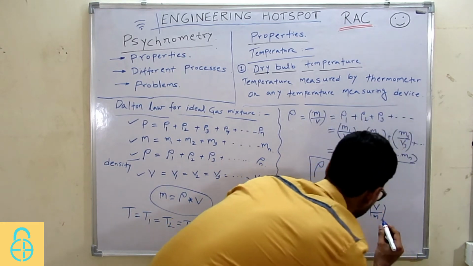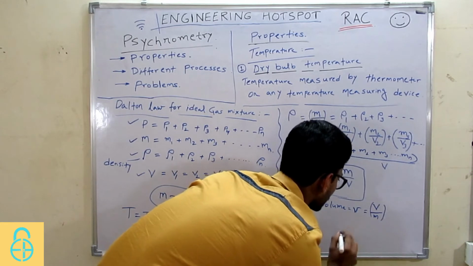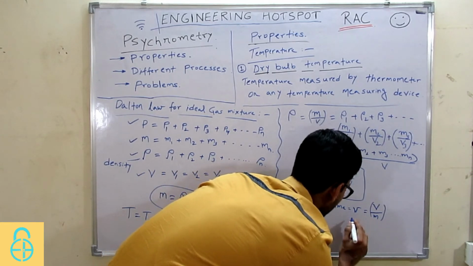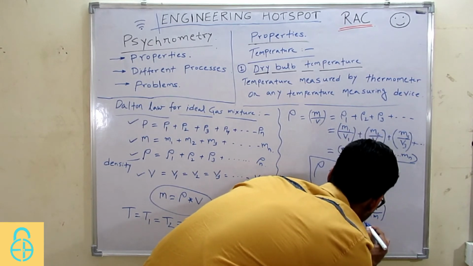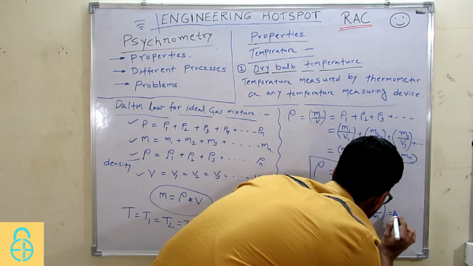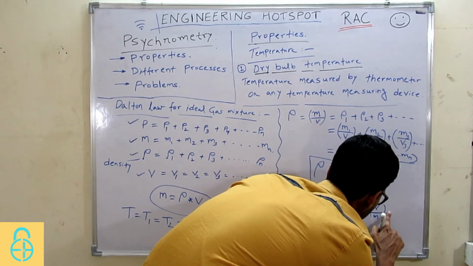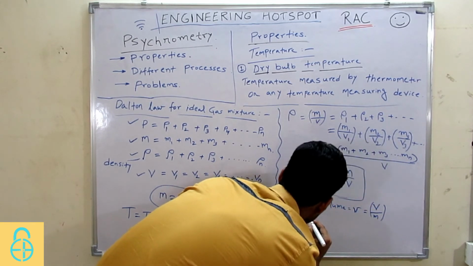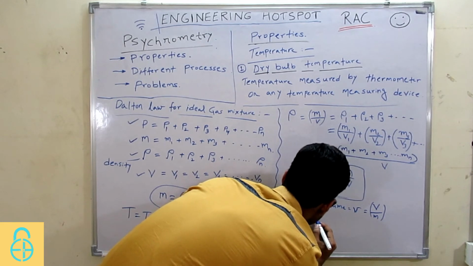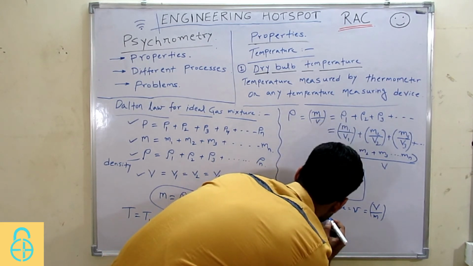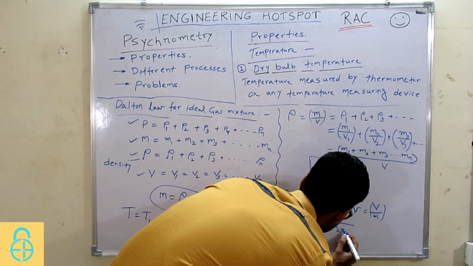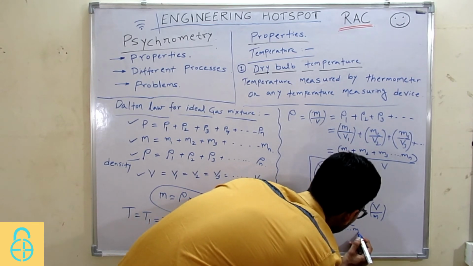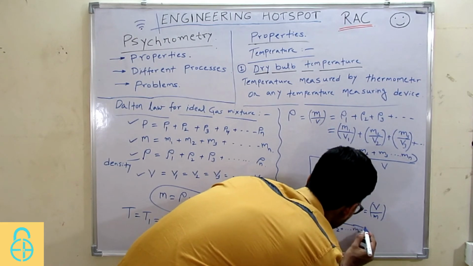So this is actually 1 by rho, or you can take this also, not a problem. So it will be total volume upon m1 plus m2 plus till mn.